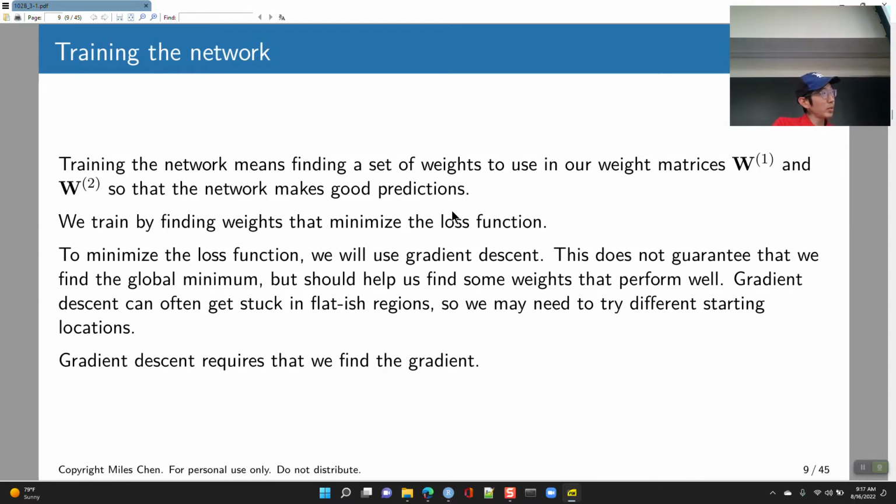So a recommendation is to start at different starting locations. It's like dropping a marble, or a bowling ball, on different parts of the map, and each one rolls downhill.